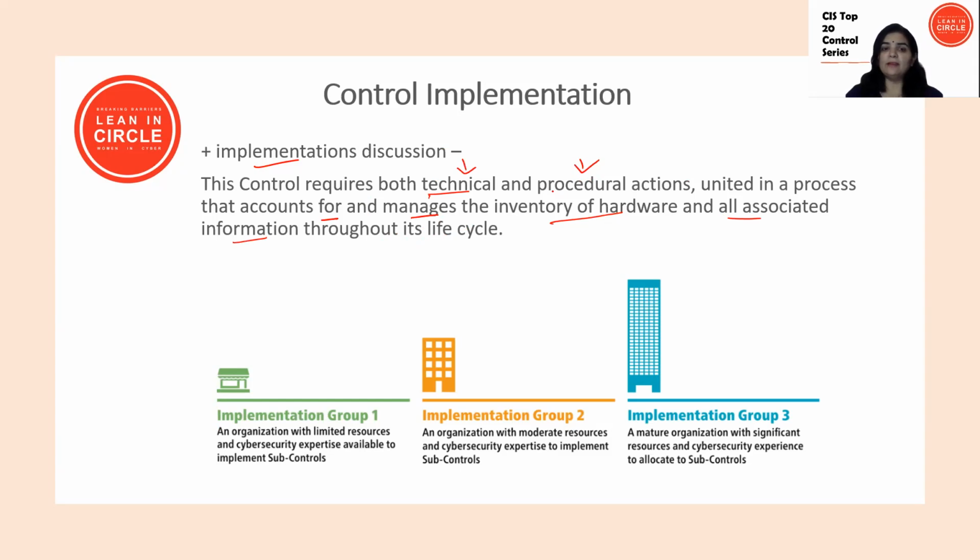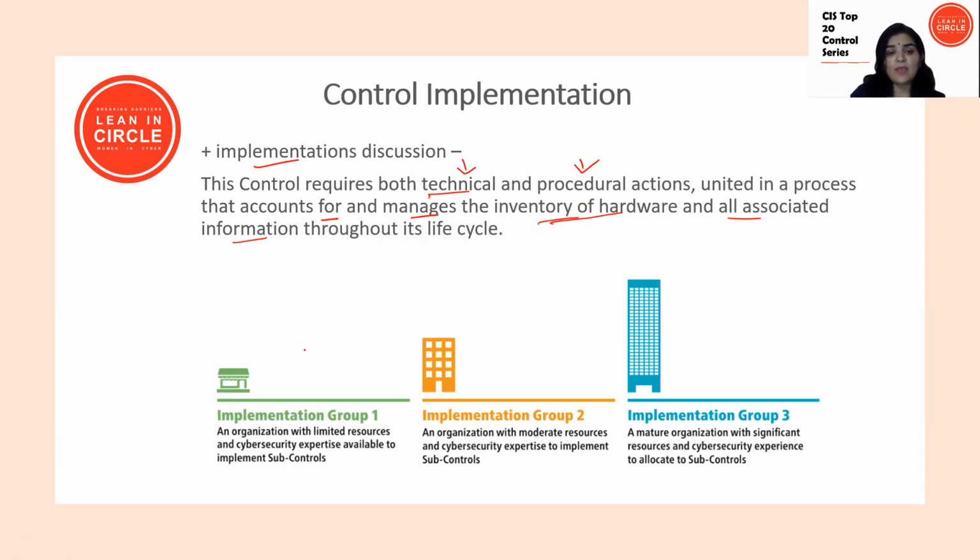Both should be united in a process, because we need to manage the inventory of hardware and all associated information going through its life cycle, because we want every piece of data flowing in our network, which is important because that is the customers' data, the sensitive data which our organization owns.